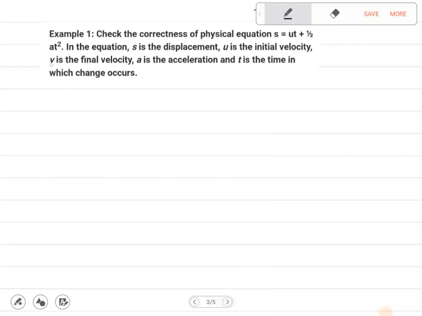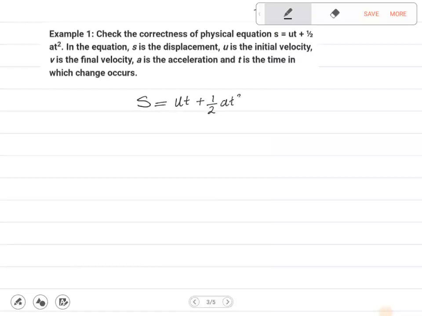U is the initial velocity, V is the final velocity, A is the acceleration, and T is the time in which changes occur. How can you prove that this equation is dimensionally correct? Let's write it all here.